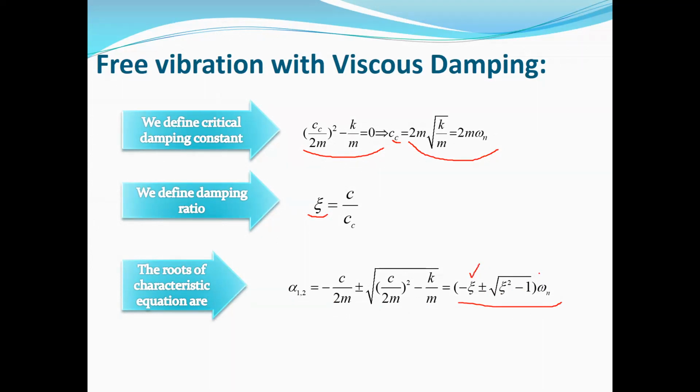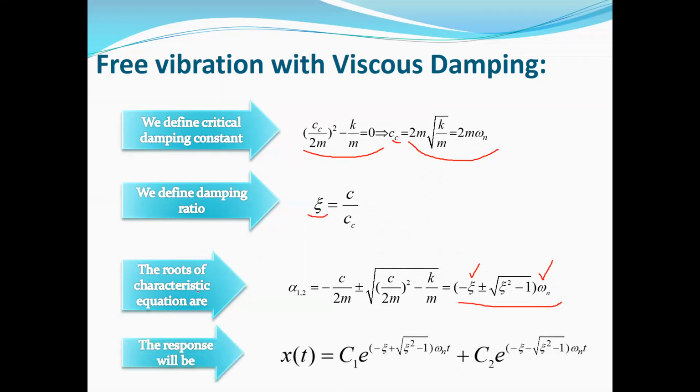You know that the natural frequency is equal to the square root of k divided by m, and Xi, or the damping ratio, is c divided by c_c, where c_c is 2 times m times omega n. So Xi is equal to c divided by 2 m omega n. So these are the roots, and we can again write x(t) as a function of Xi and omega n.